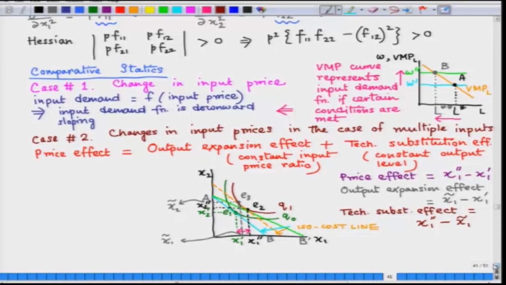From this price effect decomposition analysis, we can find out an interesting concept which is known as output expansion path. So, let us first draw a diagram and then we will have a formal definition.